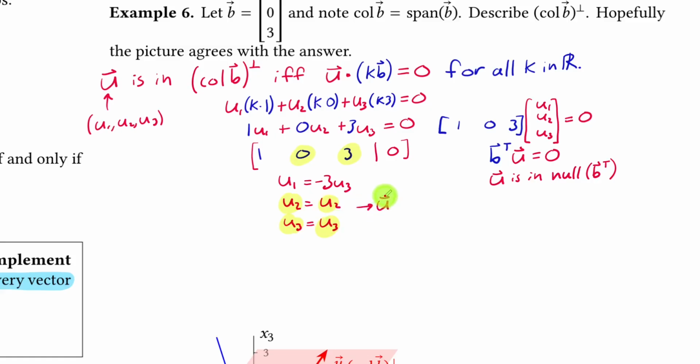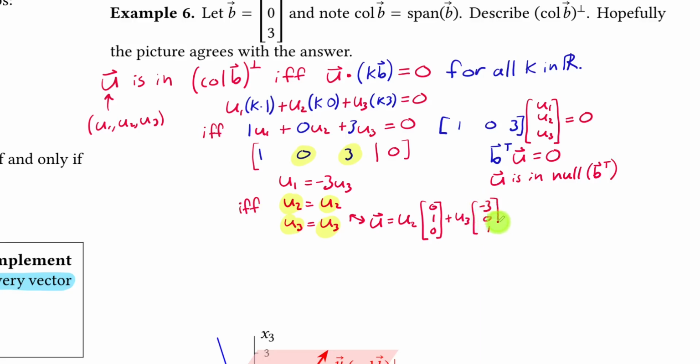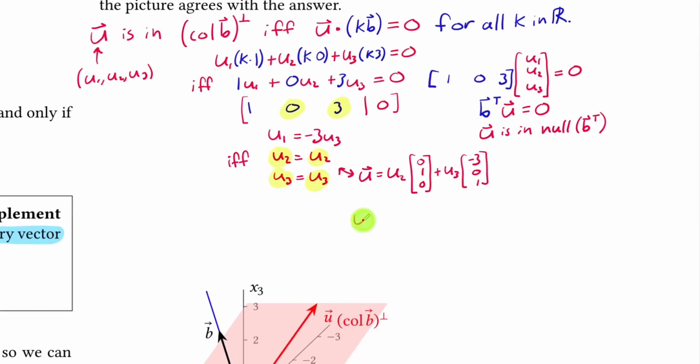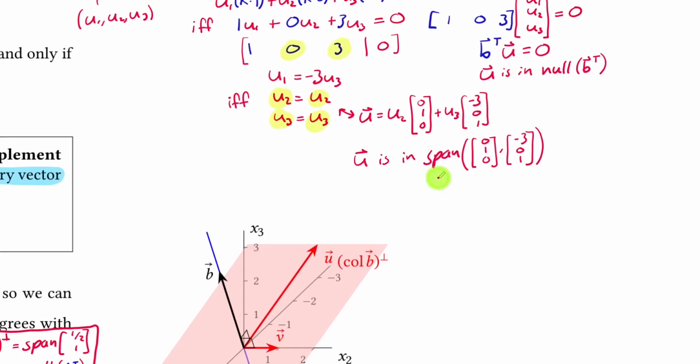Or in other words, the vector u can be written as u2 times (0, 1, 0) plus u3 times (-3, 0, 1). Or in other words, we're saying u is in the span of (0, 1, 0) and (-3, 0, 1). So this is equal to the orthogonal complement of the column space of B.